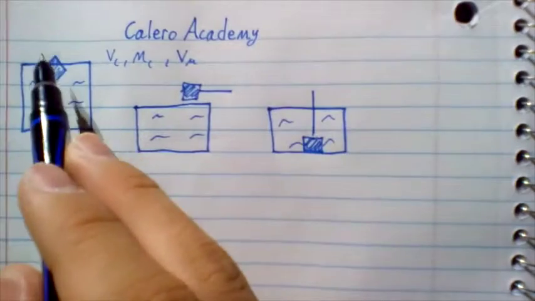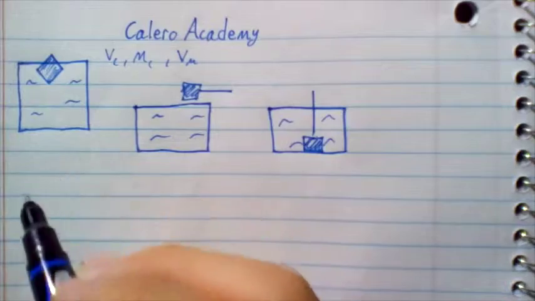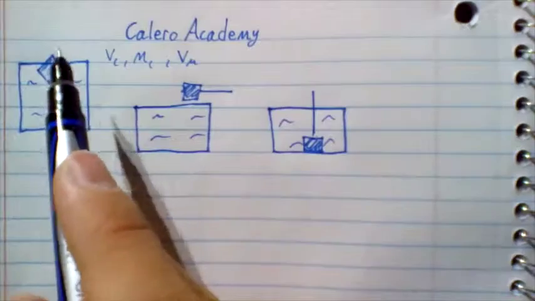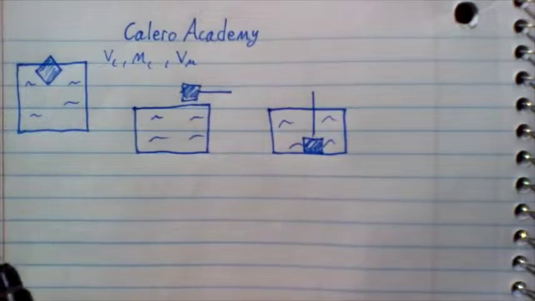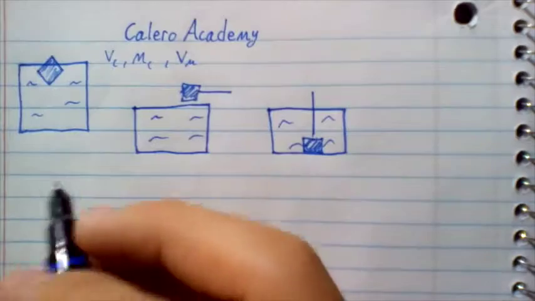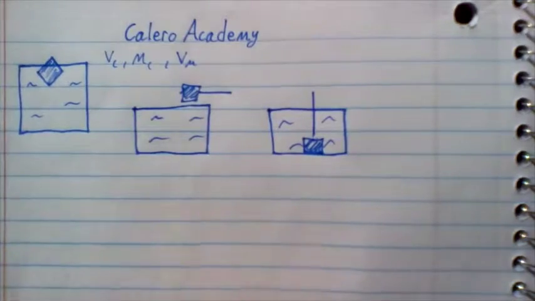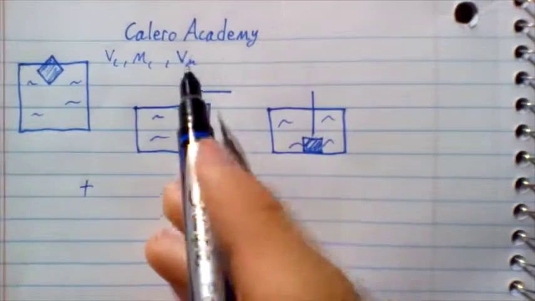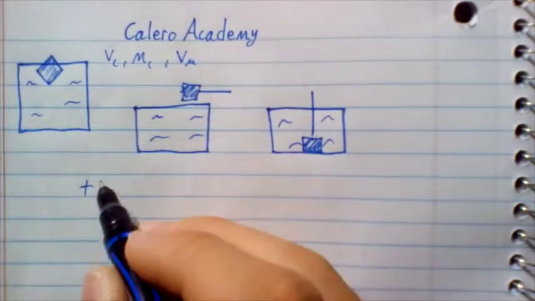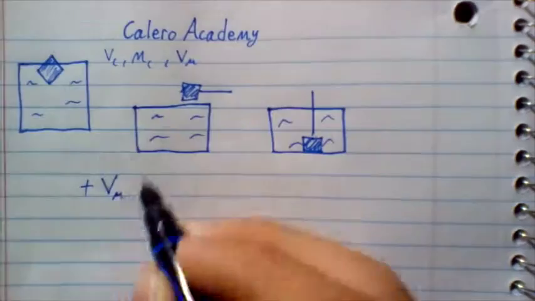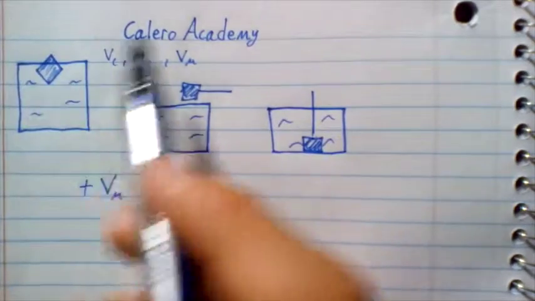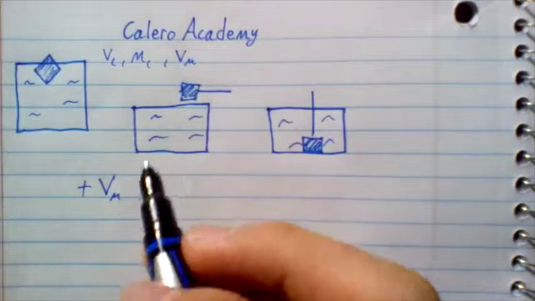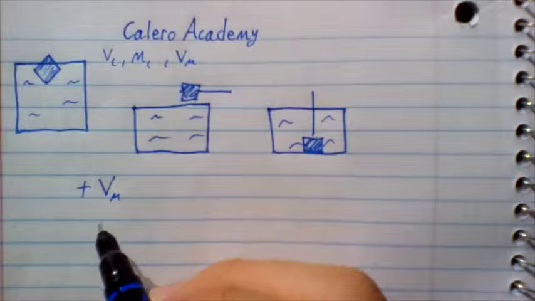So, what we're going to do to find what happens is separate what happens into two different effects. So first we look at what do we gain. So how much volume do we gain? We gain obviously V sub m from the cube. So when the cube melts, we get an extra volume of V sub m. Now, what do we lose?